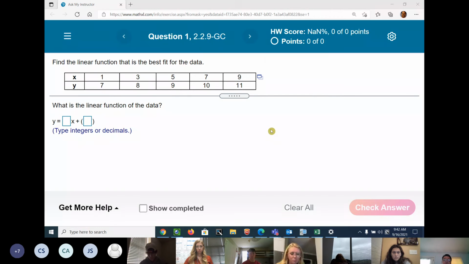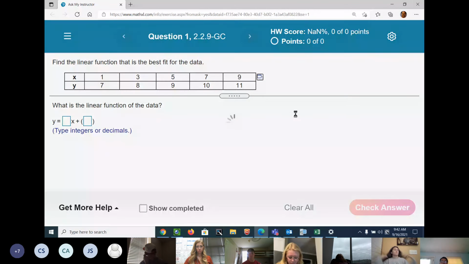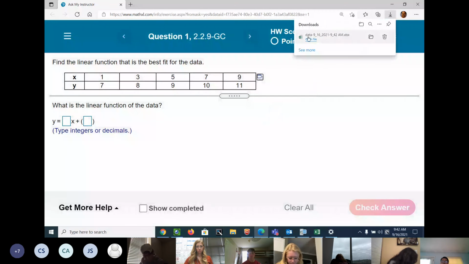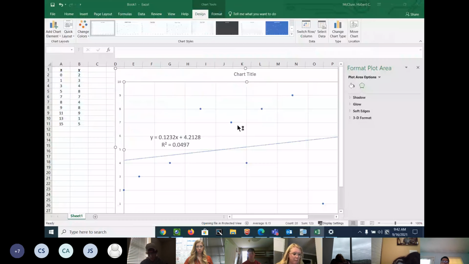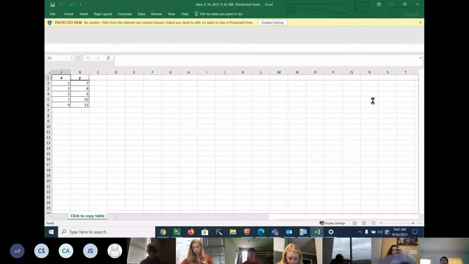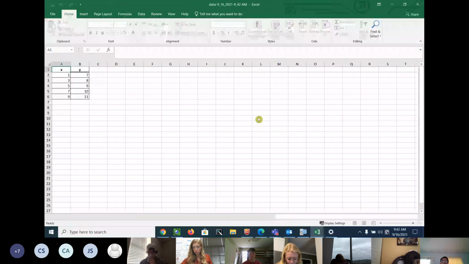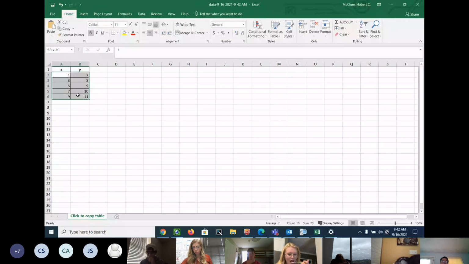Okay, so I'm going to click on the spreadsheet. And yes, you will be able to use the spreadsheet on the test. And I'm waiting on it to come up. There it is. And highlight the area. Go to Insert.